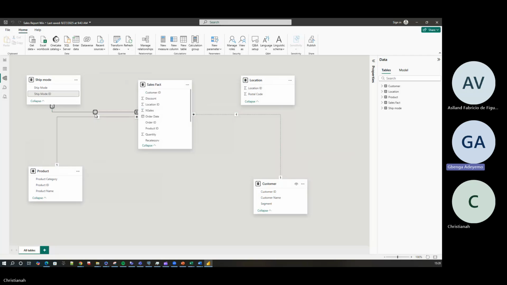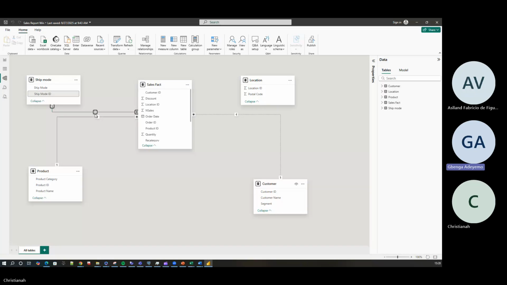Now, what it means is that filter will happen from the ship mode down to the sales part. It means that I can use the information inside the ship mode table to filter the transactional sales fact table.